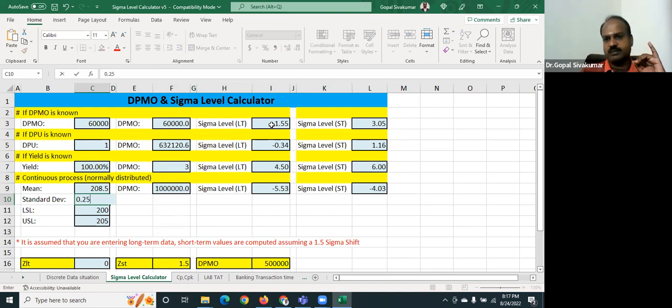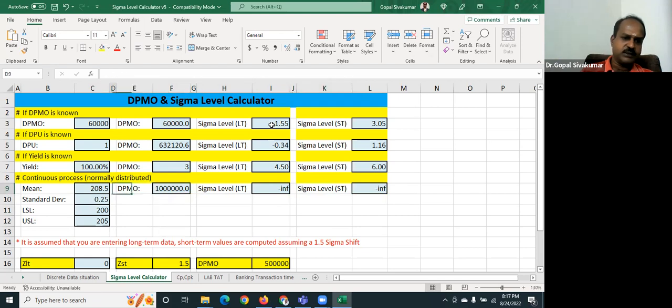I give USL, LSL, process average, process standard deviation. I give enter. And now this is too worst a process, I believe. The process is too worst, and that's why sigma levels have become negative, simply because the variation is far too high. Let me reduce the variation and see what happens. This is also not sufficient. Let's say 0.05, I think.